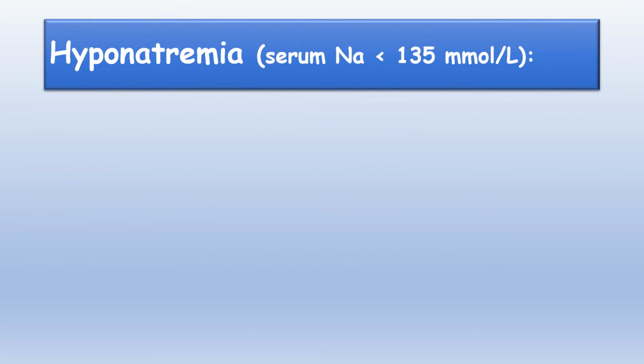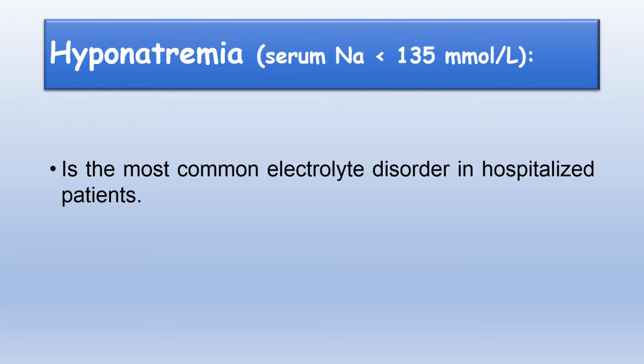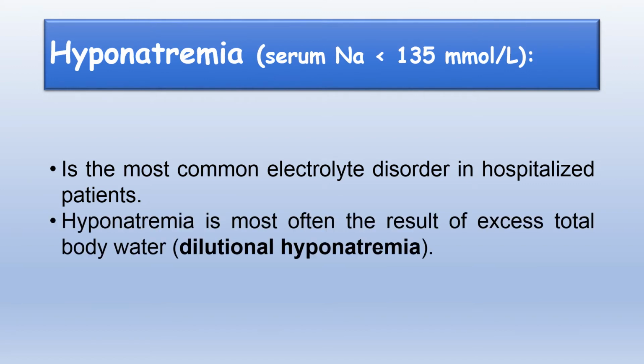Hyponatremia, serum sodium less than 135 millimole per liter, is the most common electrolyte disorder in hospitalized patients. Hyponatremia is most often the result of excess total body water, dilutional hyponatremia.